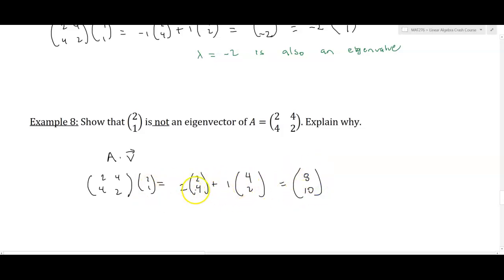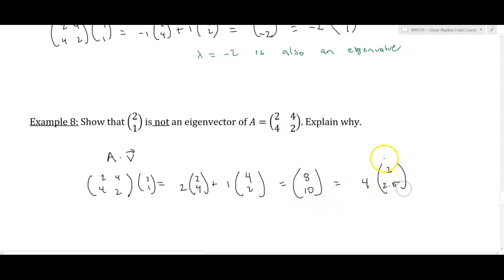And you can see that these two vectors don't lie along the same line. In fact, if I wanted to make this component a 2, you might say, well, I could factor out a 4, and this component would be 2. And that's the only thing I could factor out to try to make it look like this original vector V. But then if I divide out a 4 from 10, I get 2.5.